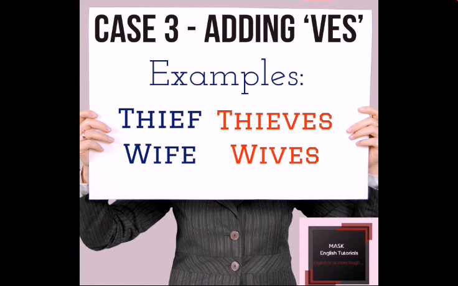Here, the letter f is removed and the letters v, e, s are added at the end of the first singular noun. And the letters f, e are removed and the letters v, e, s are added at the end of the second singular noun.